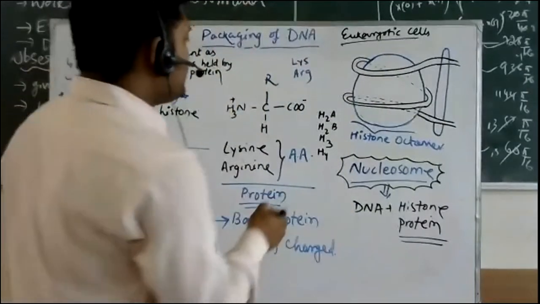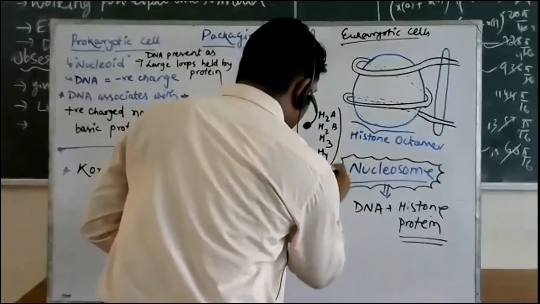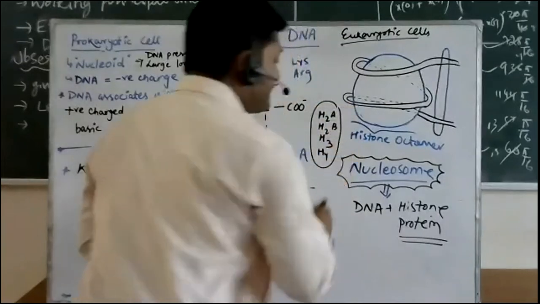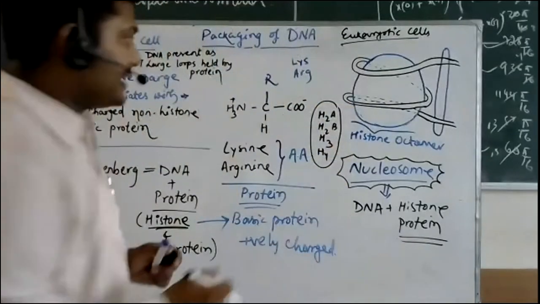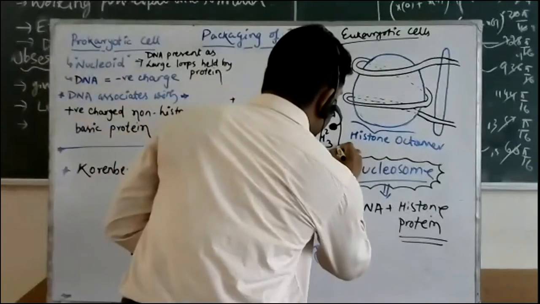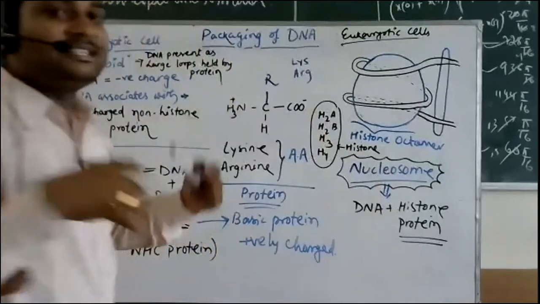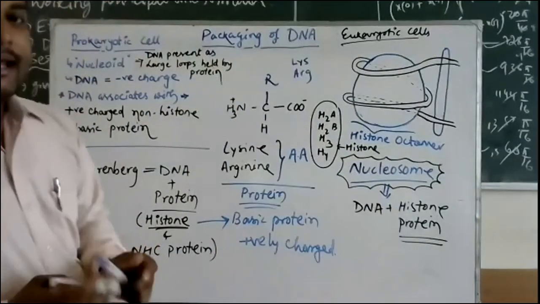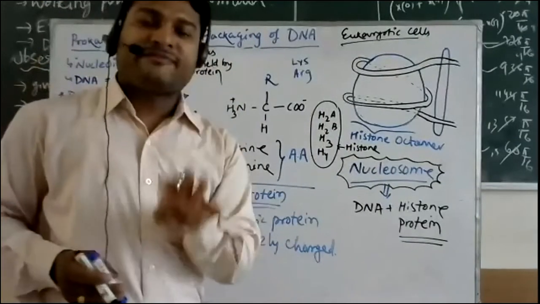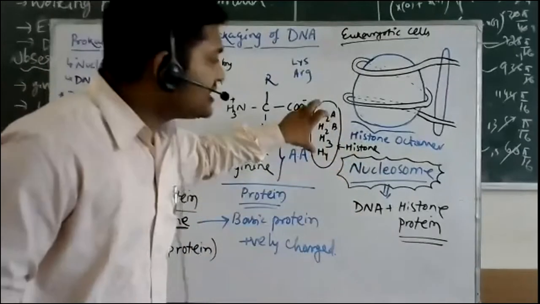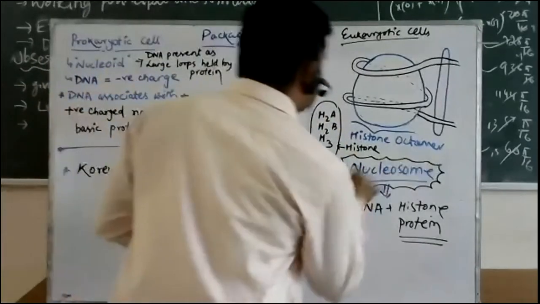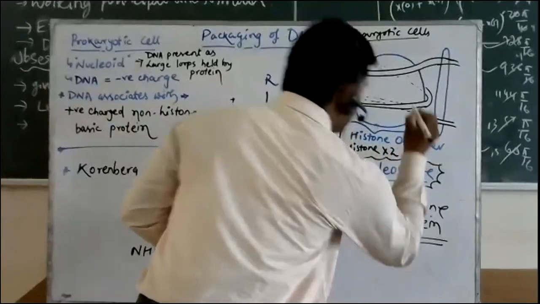Now, what are these? All of these are different histone molecules, right? Different types of histone. So there are a total of 4 different types of histone, and these 4 different types of histones are present twice, so into 2.